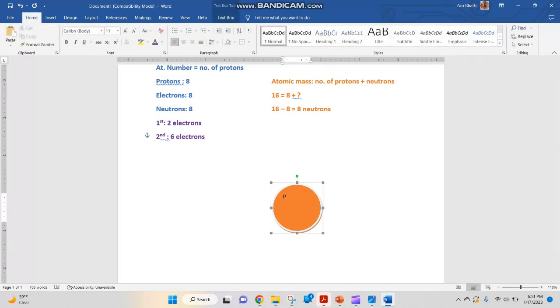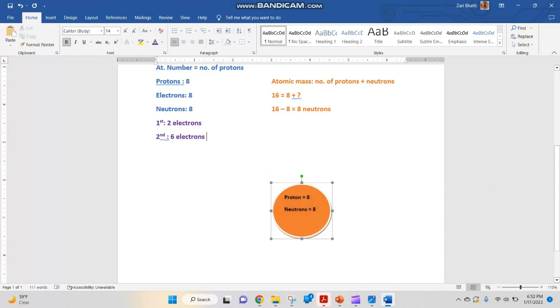With text, we are going to put proton equal to 8, since the protons and neutrons are inside the nucleus. We place the number of protons and neutrons over here. So we have our circle, our protons and neutrons are here in the center inside the nucleus.